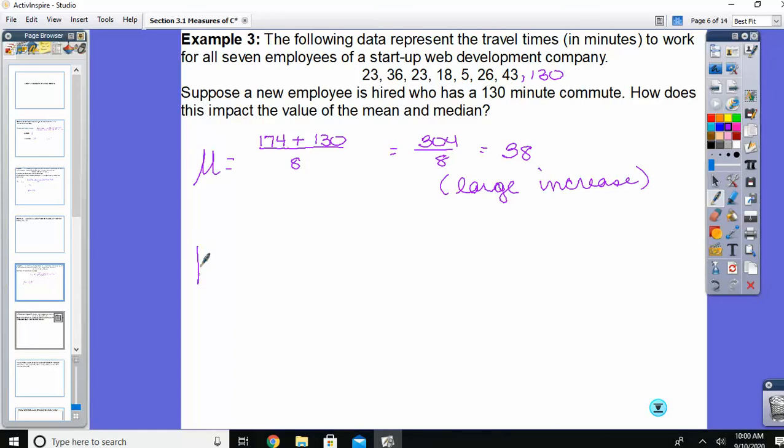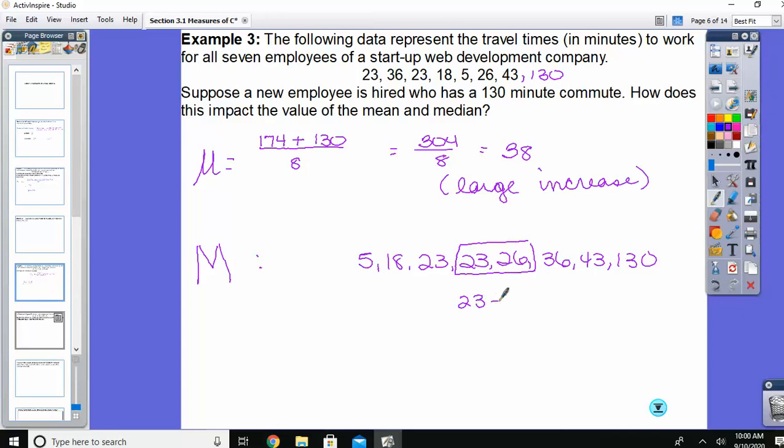Okay, let's find the median. So if I list those numbers in order, okay, is there a clear middle number this time? We have 8 points, so we have to take the middle 2.